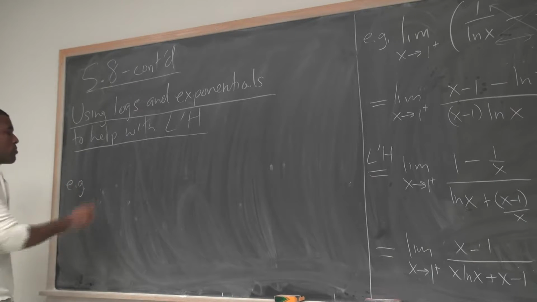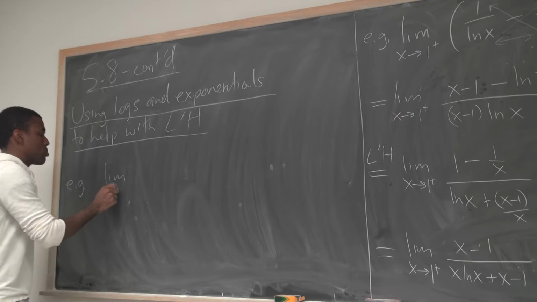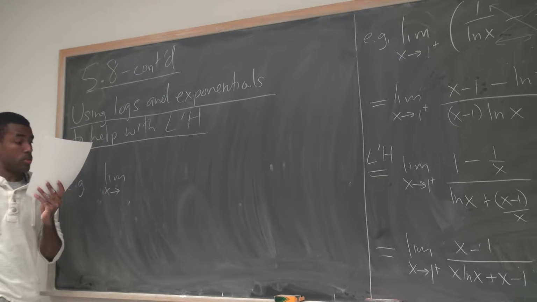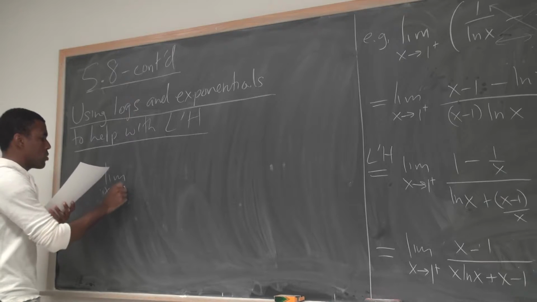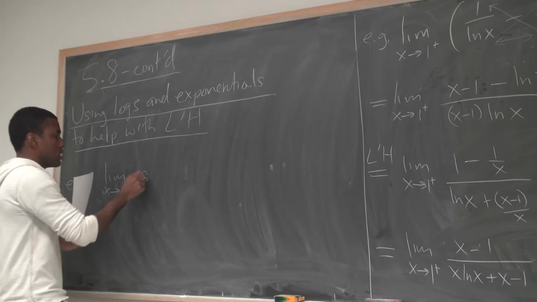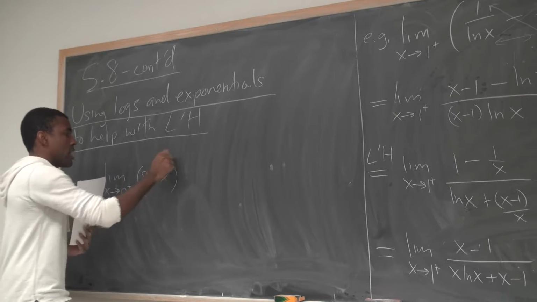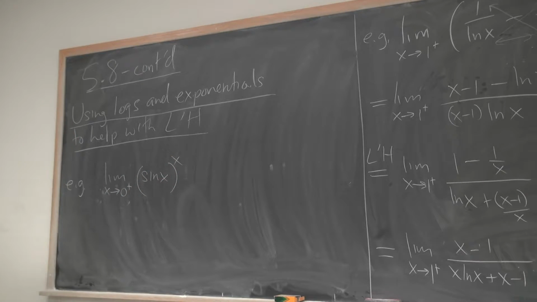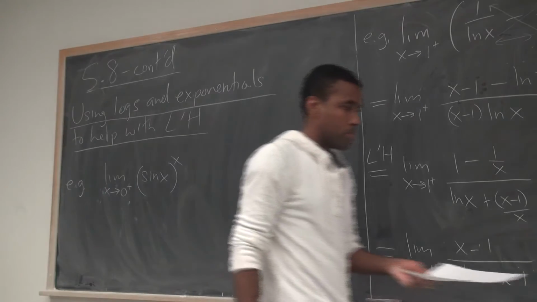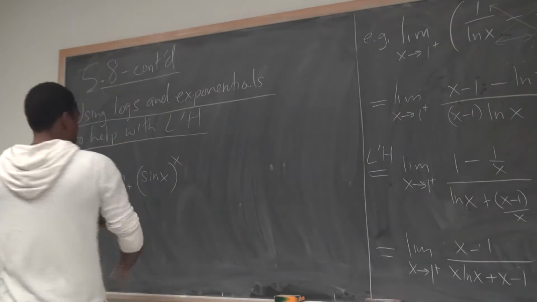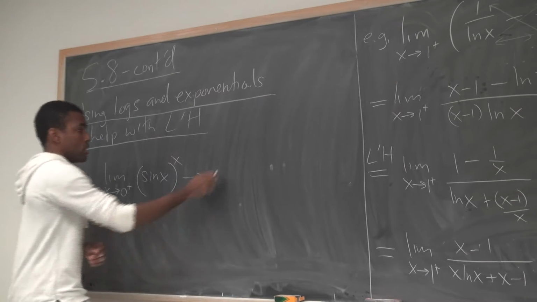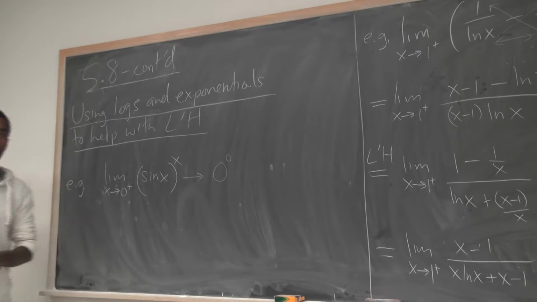What if I ask you to find the limit as x approaches 0 from the right of sine x raised to the xth power? Now this approaches 0 to the 0, which is an indeterminate form, right?